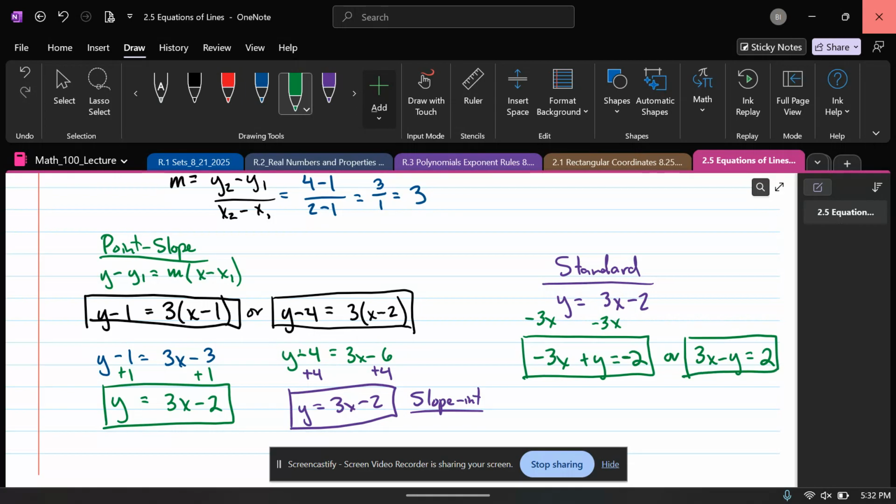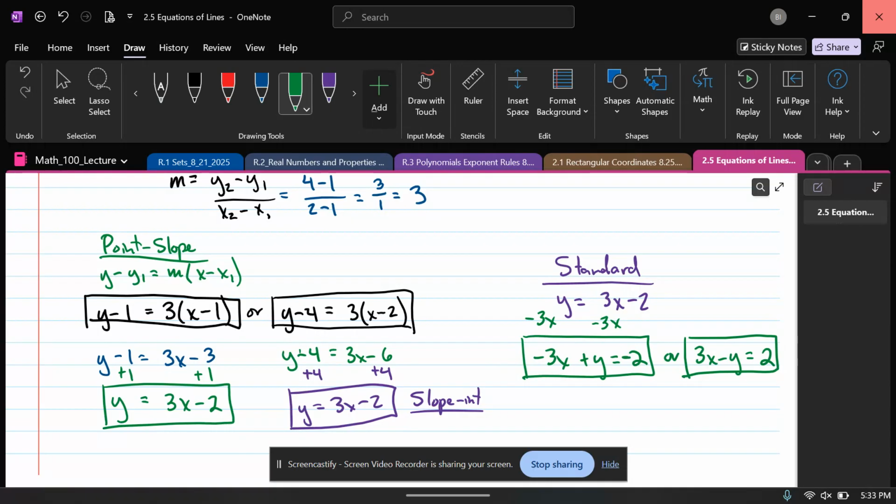Why is this also correct? This is where math starts getting crazy. Why are both of those right? You just flip the sign. I flipped all of the signs. I didn't just flip one of them, I flipped everybody. And that's okay. As long as you do everybody, it's legal to do that. But both of those still meet the rules for standard form. So this one, negative 3, positive 1, negative 2, they don't have anything in common. 3, negative 1, 2, they still don't have anything in common.